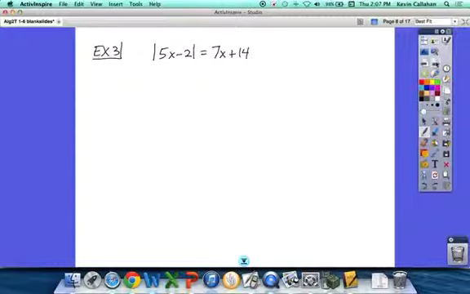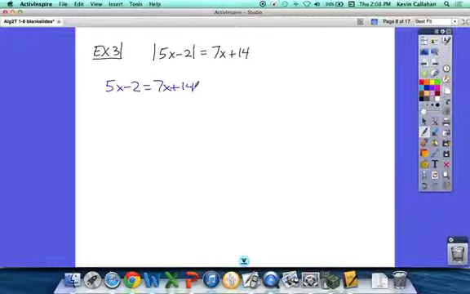Remember, our process right now is isolate the absolute value. It's already isolated, so that won't be a part of this. Second step will be set what's inside equal to the right-hand side, and then set it equal to the opposite of the right-hand side. Just like we do, we don't set it equal to 5, set it equal to negative 5. Same thing. Here are our two equations. 5x minus 2 equals 7x plus 14.